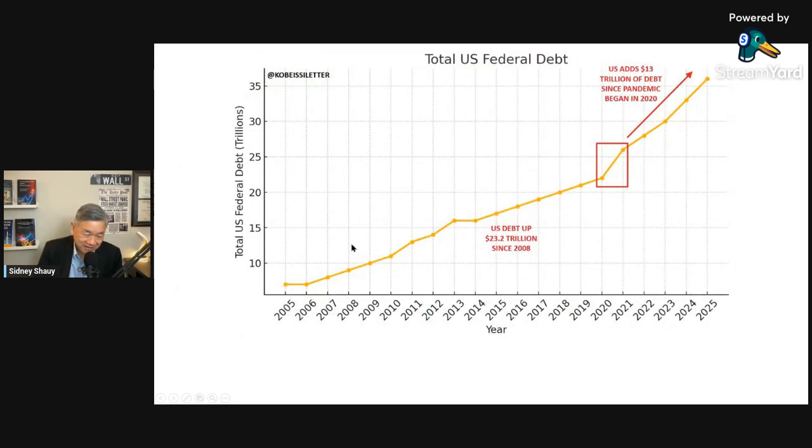If we look back a little bit, the U.S. debt went up 23 trillion since 2008. We had lots of quantitative easing, and that money went through the system. Since the pandemic, we added another 13 trillion of debt.